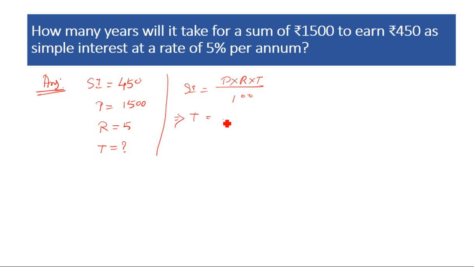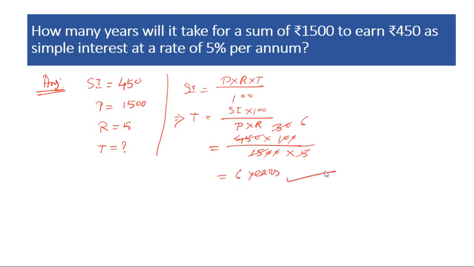Therefore, T is equal to SI into 100 by R into P. 450 into 100 by 1500 into 5. Correct answer is 6 years.